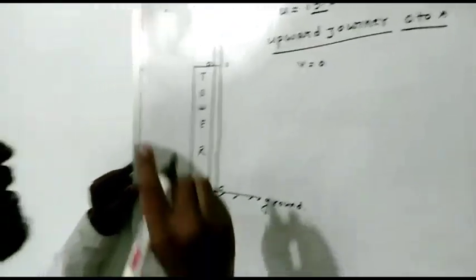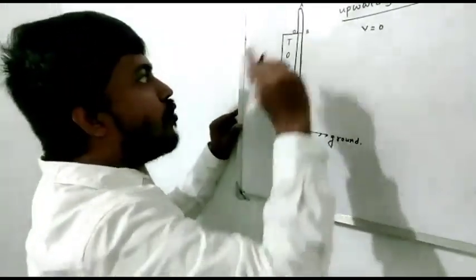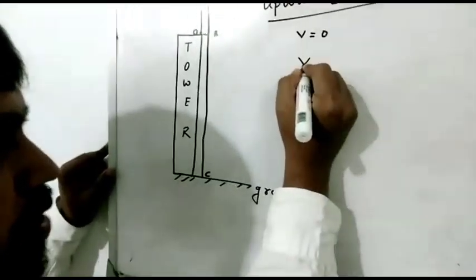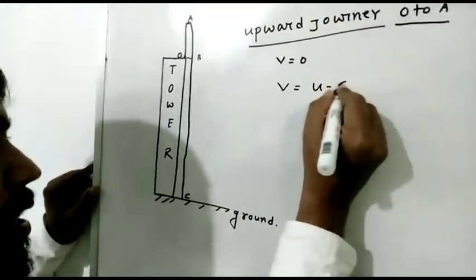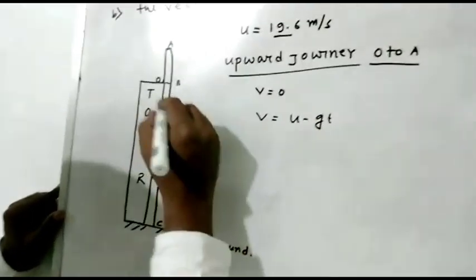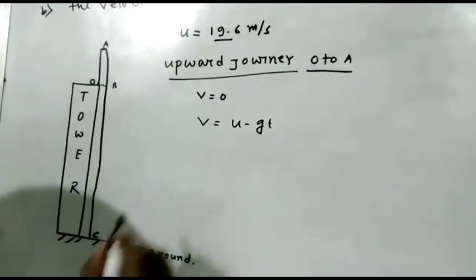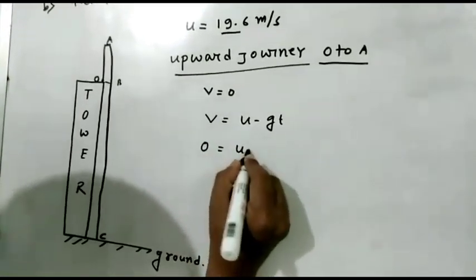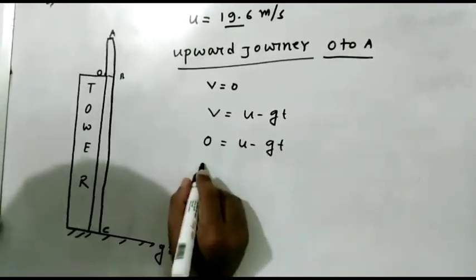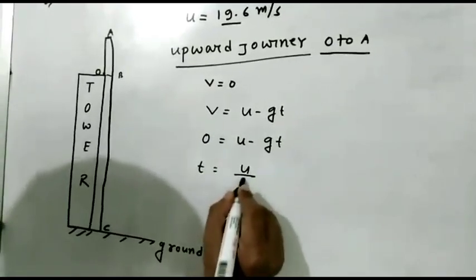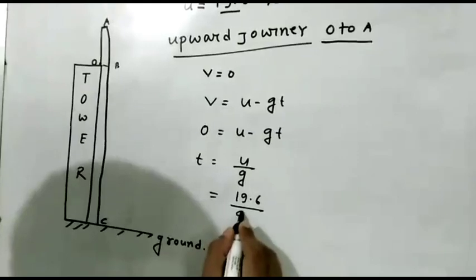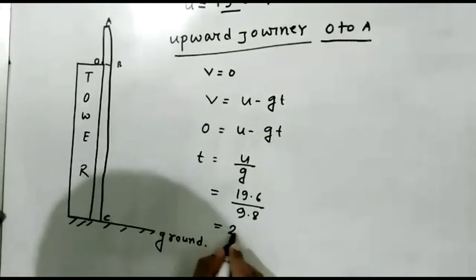First I find the time taken to move from point O to the point A. For that we can use the formula v equal to u minus gt. Why minus? Because we throw the object against gravity. So v equal to 0 and 0 equal to u minus gt. So t equal to u by g. u is given 19.6, g equal to 9.8. So that is equal to 2 seconds.